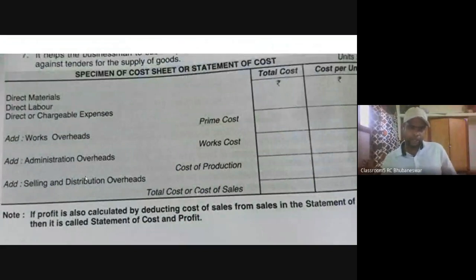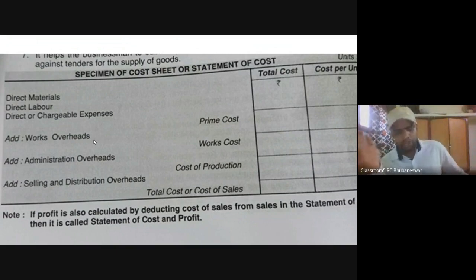The first one is works overhead or factory overhead or manufacturing overhead. You can write it down. Different names are there: works overhead, factory overhead, manufacturing overhead or production overhead. Four names are there, so alternate names can be used. All have a similar meaning.